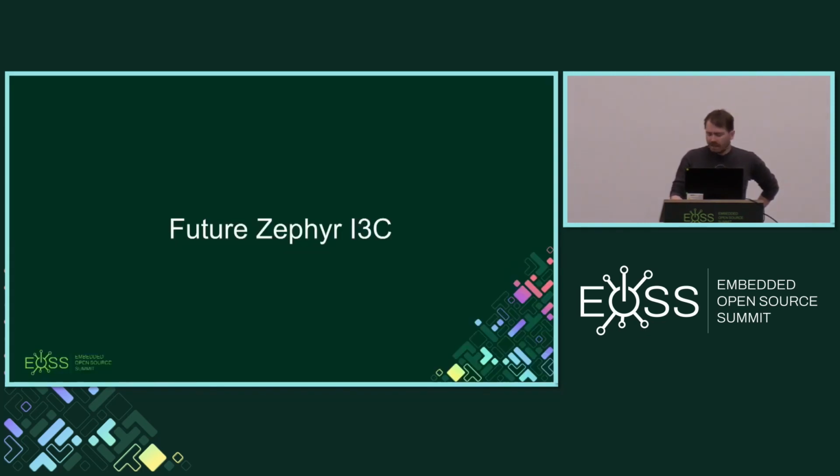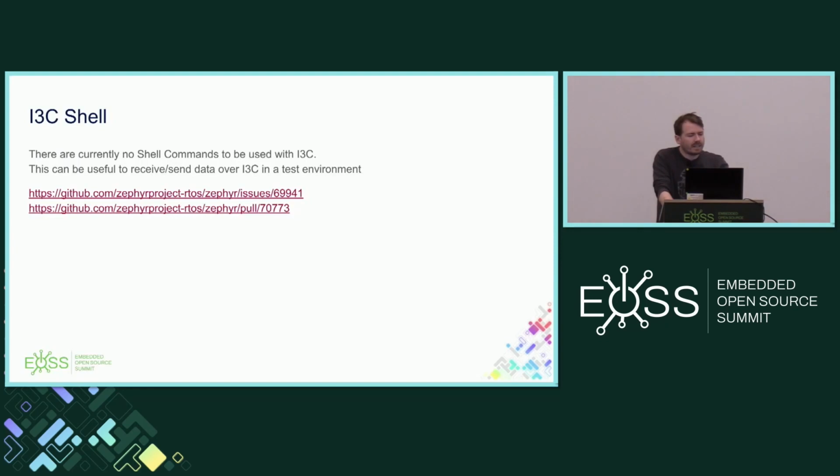All right, so now a bit about what could come for I3C. I know the specification, if you find it, is 600, 700 pages, or is it 400? There isn't everything implemented within I3C within Zephyr yet, and not everyone has used everything yet, but I'm sure that will come soon. So, shell support. This is probably the easiest one to get done.